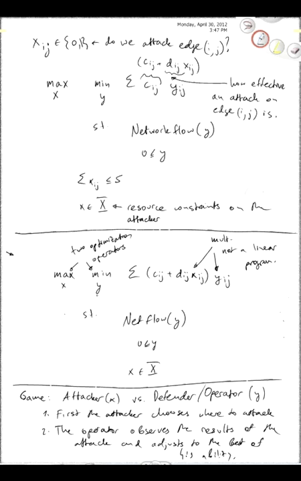CPLEX or a modeling language like GAMS cannot really take in problems where some of the variables are trying to maximize and other variables are trying to minimize. So currently, as we've written it, we have no way of solving this problem. But let's try to brainstorm a couple of ways to get around this.